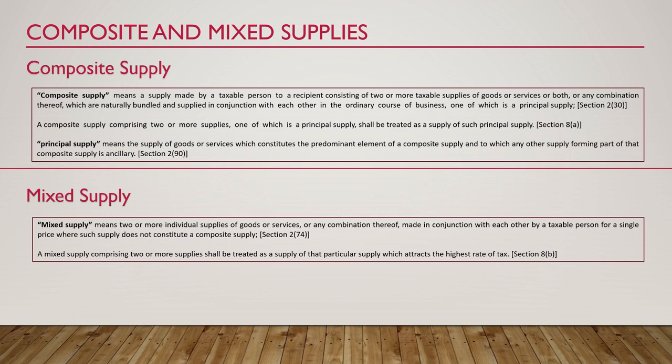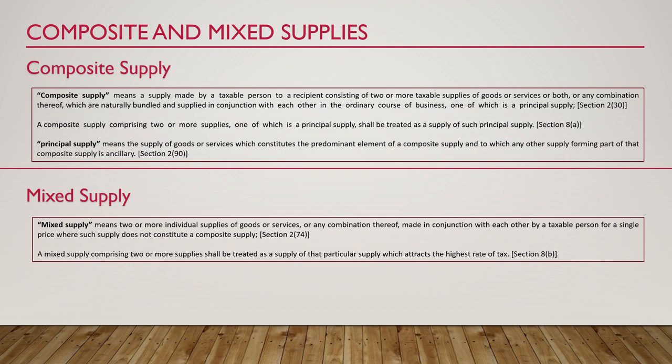Remember, I told you that in case of unnatural bundling under the earlier service tax regime, they identified the service which attracted the highest rate of tax, and then that rate would be applied for the entire consideration. The same concept is applied here under mixed supply.